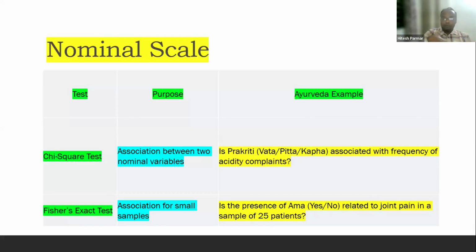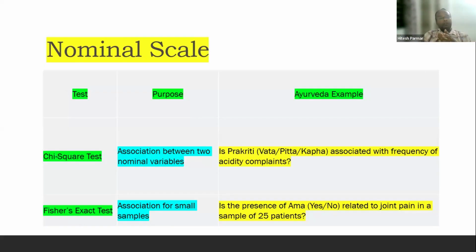Or is there any association between type of Prakriti and the acidity complaint or not? You can collect maybe 100, 200 responses and then check: type of Prakriti is your first variable, nominal, and frequency of acidity complaints. You can count the frequencies in a month or maybe in a week, and then you can associate it.